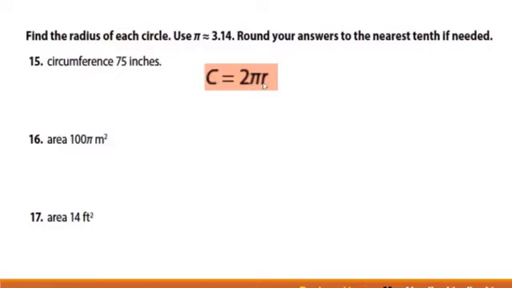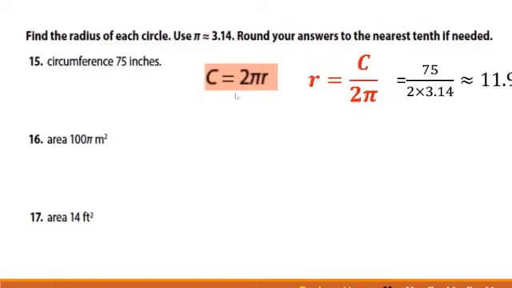Hide r and put this on the other side with divide. So the radius is the circumference divided by 2 pi, so I replace my numbers. The circumference is 75 over 2 times 3.14, so my radius will be 11.9. So this is my answer.